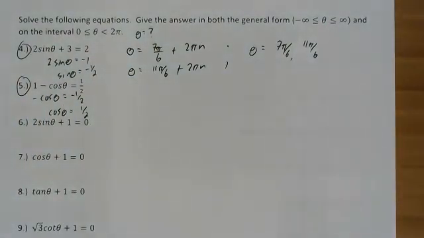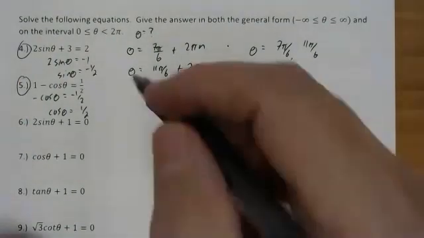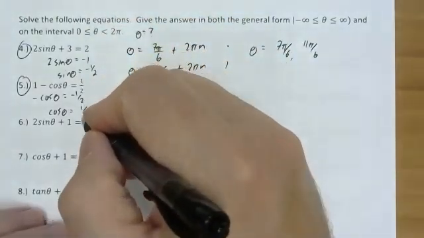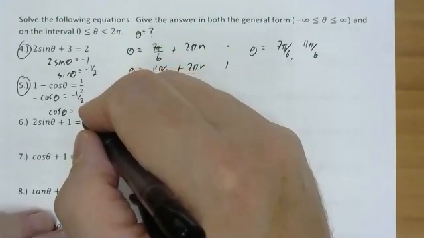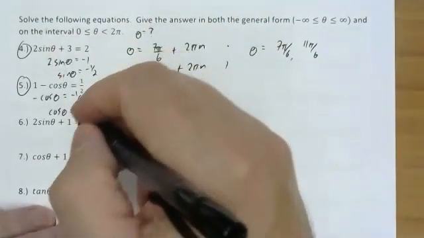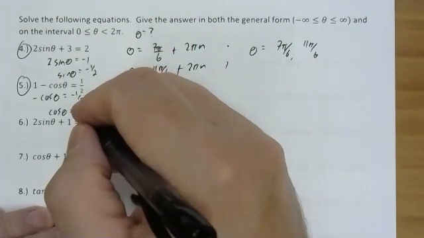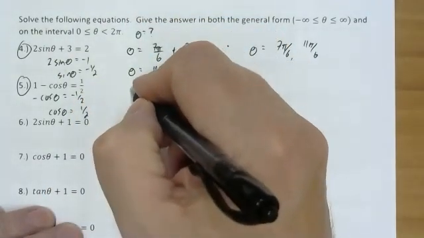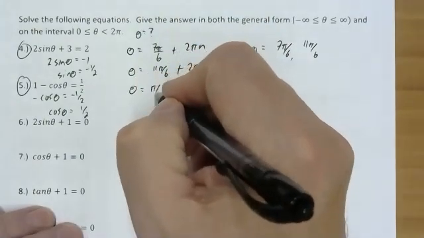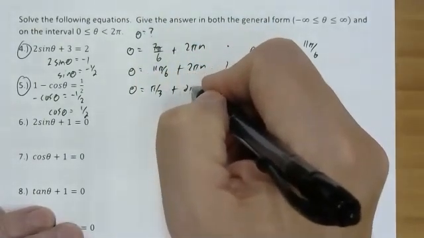End up with cosine theta equals 1/2. So same thing we just did. Ask myself, one trip around the unit circle, what are the angles where cosine theta is 1/2? It's going to be in quadrants 1 and 4. That's where the cosine's positive. And the first one is pi over 3.